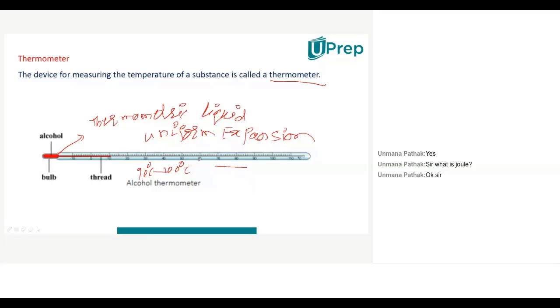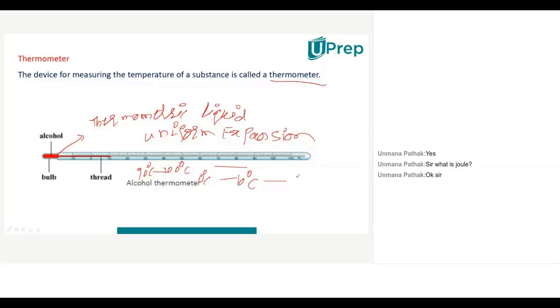On the basis of that principle only, this thermometer is constructed. Suppose if I heat one object from 0 degrees Celsius to 10 degrees Celsius, then also it must have the same expansion. So expansion must not be unequal in equal intervals of temperature.